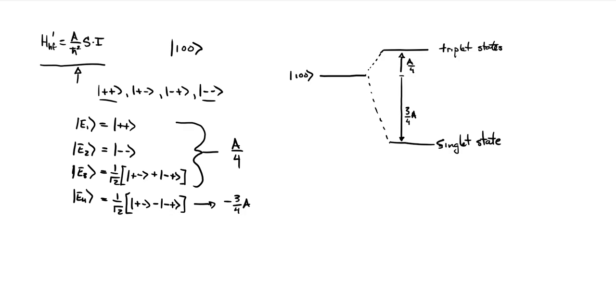Today what we're going to look at is this: we did this whole process by using these states as our basis states when we wrote this Hamiltonian in the matrix representation. And then we had to do a bunch of work to diagonalize it and figure out what these states and what these shifts were.